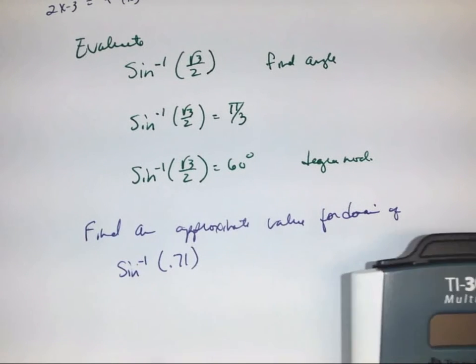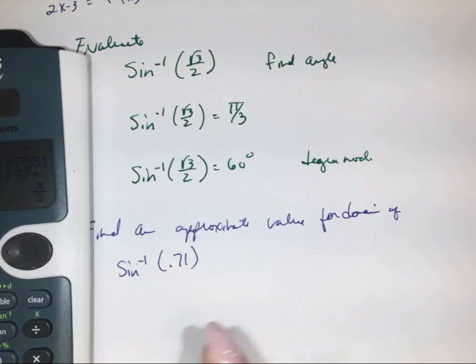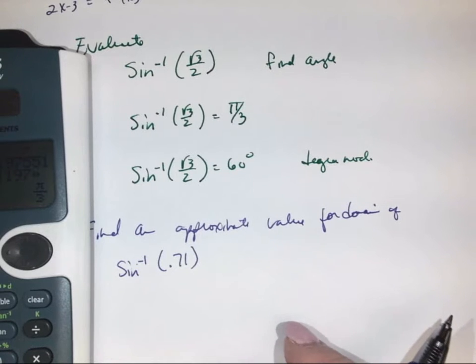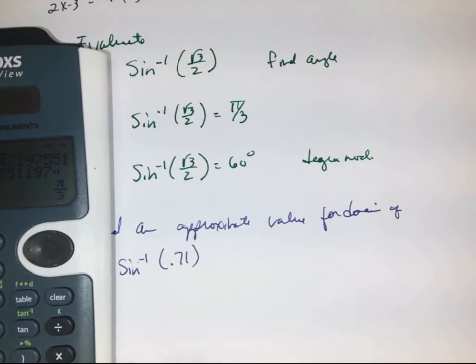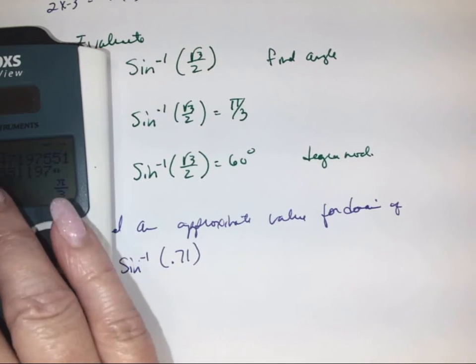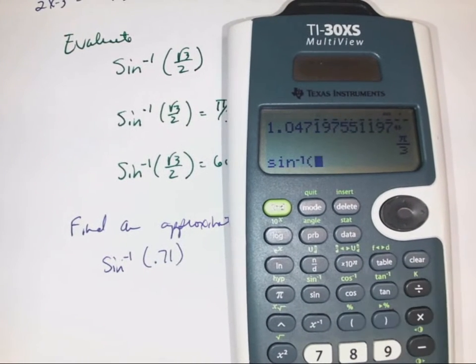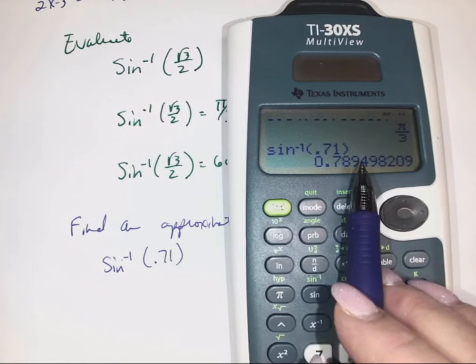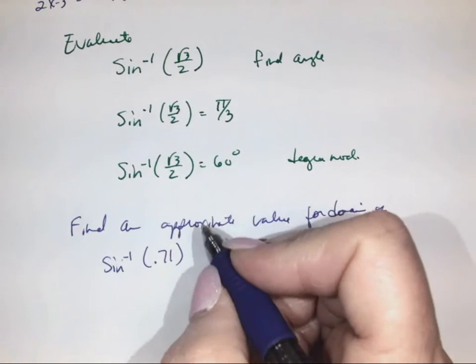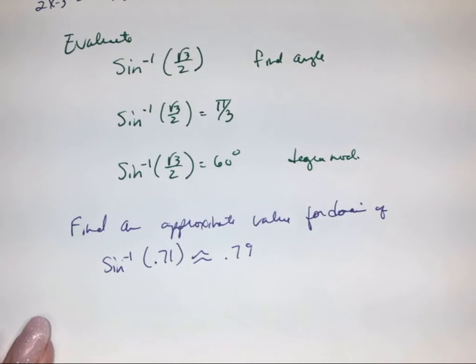We want to be in radian mode because that's not a degree there. We're looking for a value, so we're not looking for the angle in degrees. We're going to use radian mode. All right, so we're looking for the second sine inverse, second sine inverse, and then 0.71. And we end up with 0.78. We're going to go to 2 decimal places, so that'll get us approximately 0.79. And again, we were in radian mode.